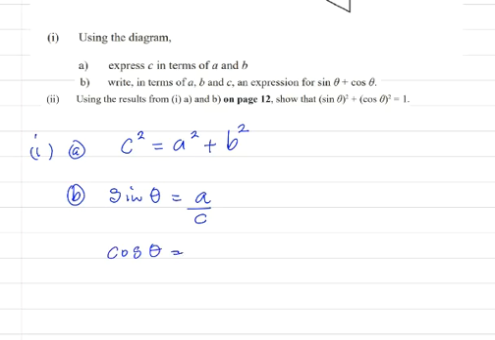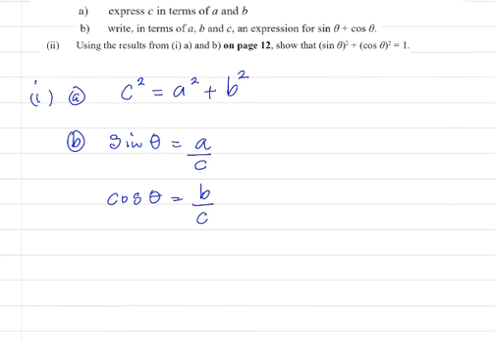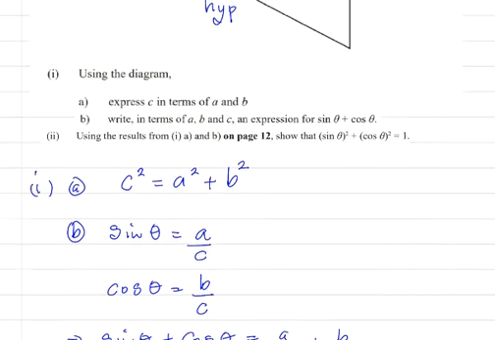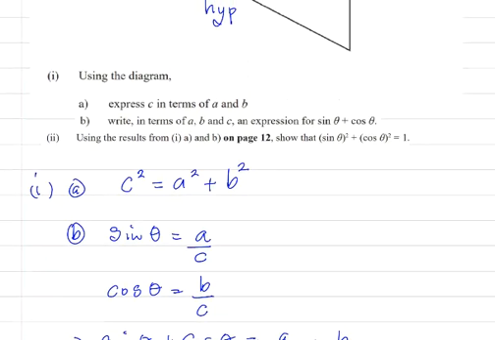The side adjacent to the angle theta is B. So this is B over C. Therefore, sine theta plus cosine theta would be equal to A over C plus B over C. All right. So we're asked to write in terms of A, B, and C an expression for sine theta plus cosine theta.